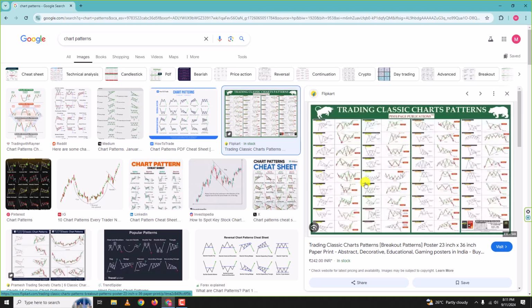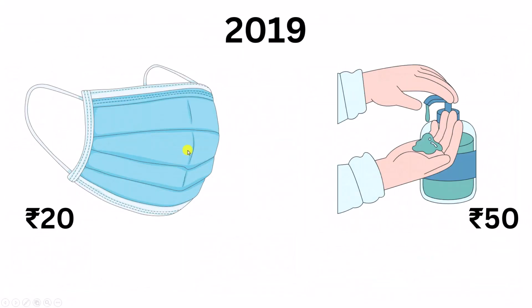Okay? Now, let me give you an example of supply and demand and then connect it with the stock market. The year is 2019. Let us say that in the year 2019, a face mask is being sold at rupees 20 and a bottle of hand sanitizer is being sold at rupees 50. Okay?